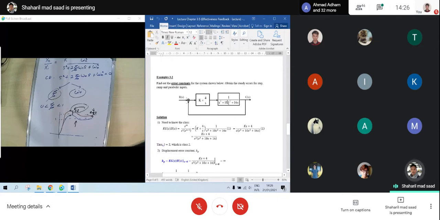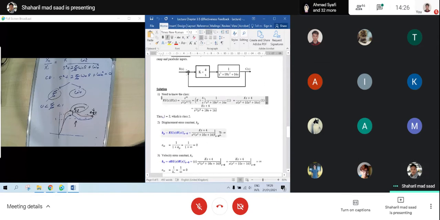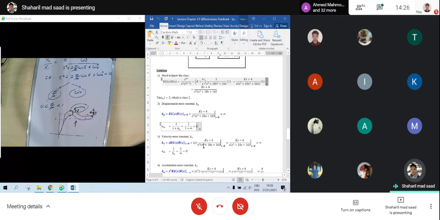Like this one, K, G, and H. So you can find the Kp, and you find that Kp equals infinity, and then the steady state error will equal 0. And for the ramp input, for example, this is the formula, and you will get Kv equal to infinity, and then the steady state error you can get is 0.